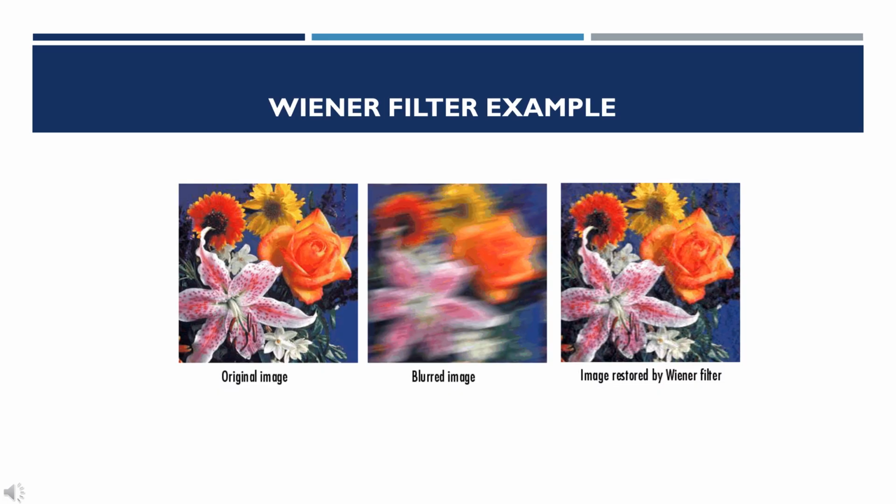Let's take a look at a practical example of Wiener's filter. On your left-hand side, there is an original image which is crystal clear with 4 flowers. The middle image is blurred purposefully to try and use Wiener's filter to get back to the original image. The function in MATLAB to use Wiener's filter is deconvwnr, which is used to deblur an image using Wiener's filter.